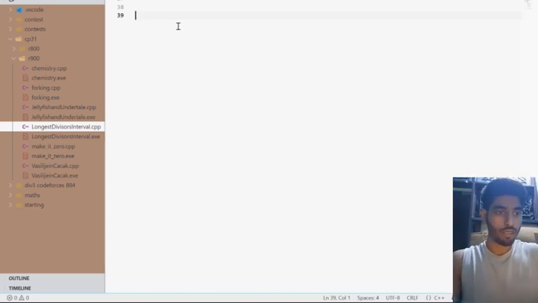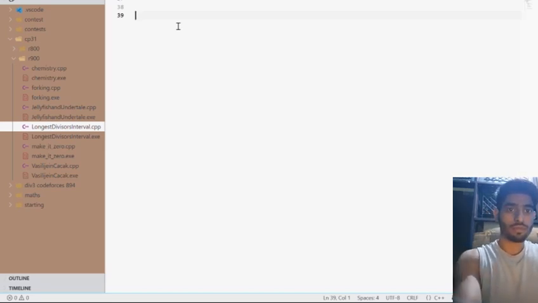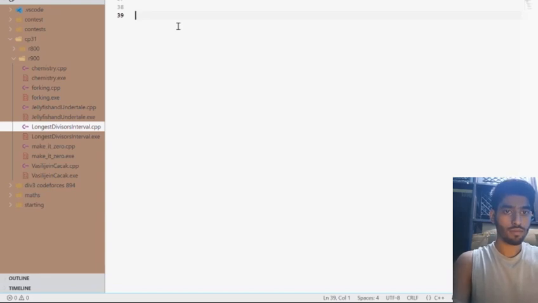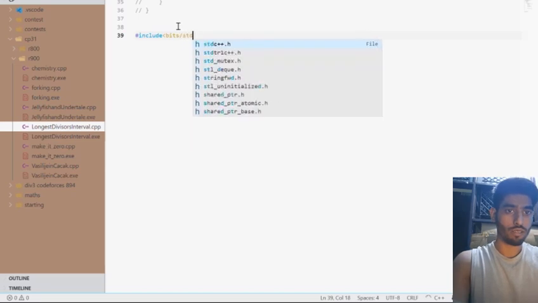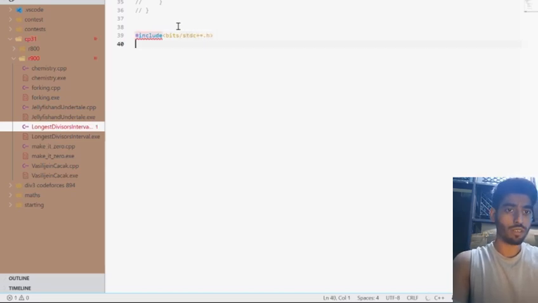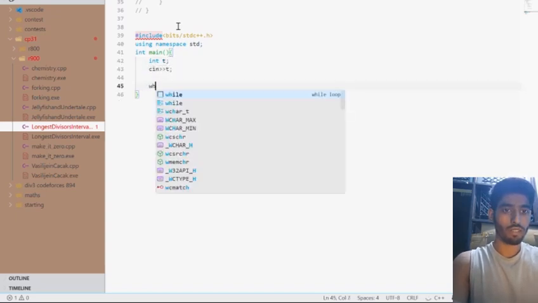Like this, we build the solution. Next, I include bits/stdc++.h, using namespace std, and int main. Then for the first line of input, while t minus minus, long long n. Why do we choose long long?